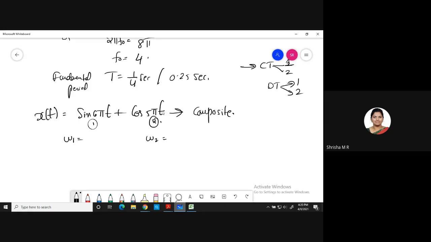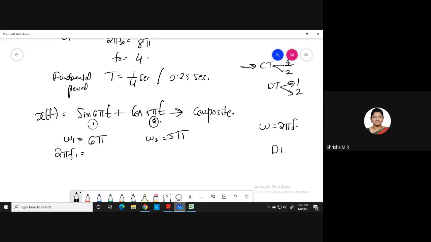So what is omega 1? 6 pi, and omega 2 is 5 pi. After you get omega, take omega in the form 2 pi f.